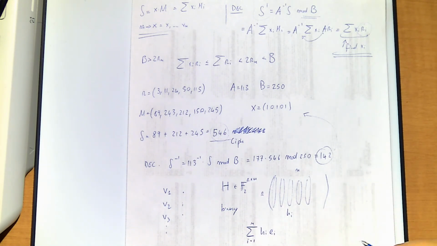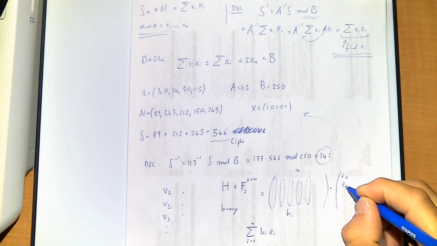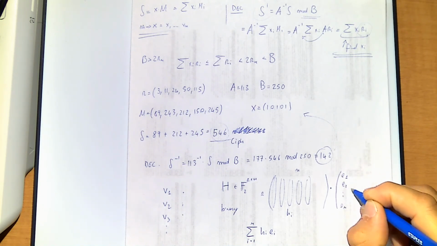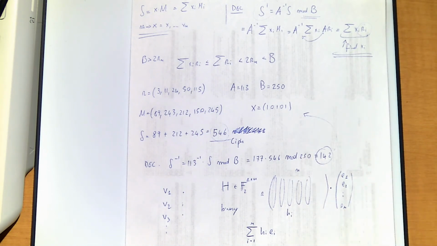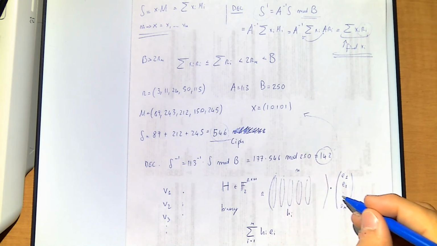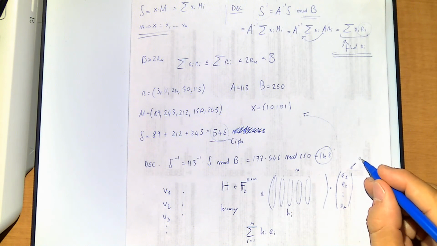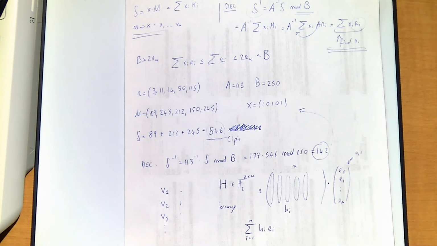But then this is equivalent to multiplying this times the vector E1, E2, En. Right? Yes? Because E1 multiplies the first column, E2 multiplies the second column, and En multiplies the last column, right? These are all 0, 1s. So you either select the column or don't select the column, right?